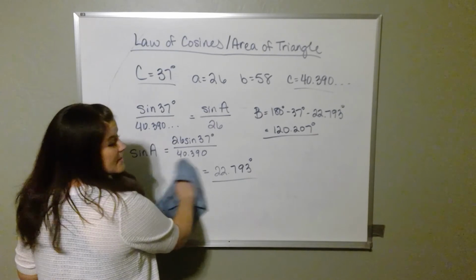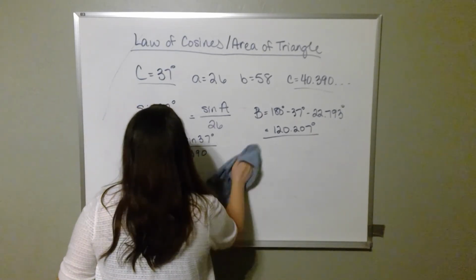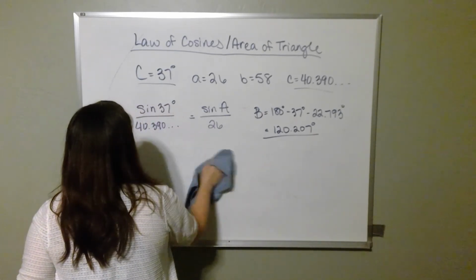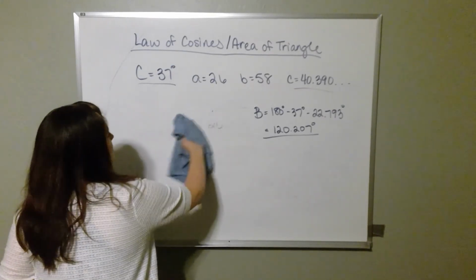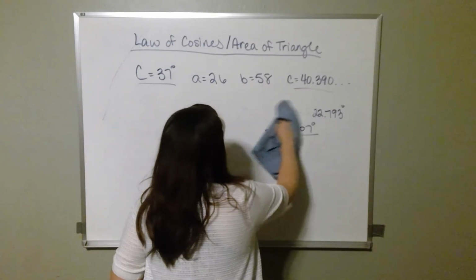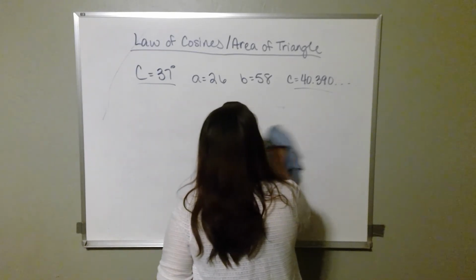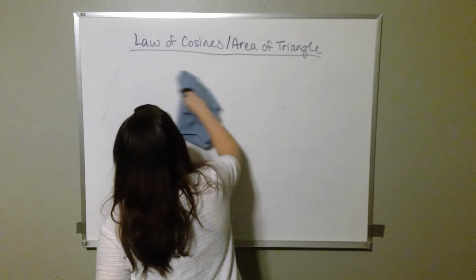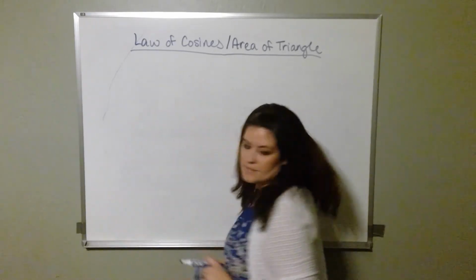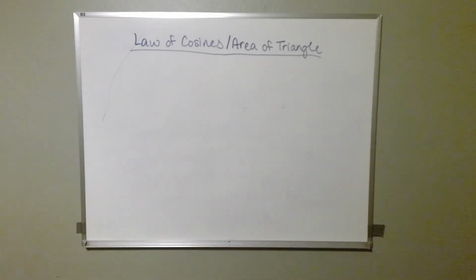One more cosines example, because you do have questions that give you a different set of information, and I want to make sure we are clear on how to do those. All right, so let's look at this problem.